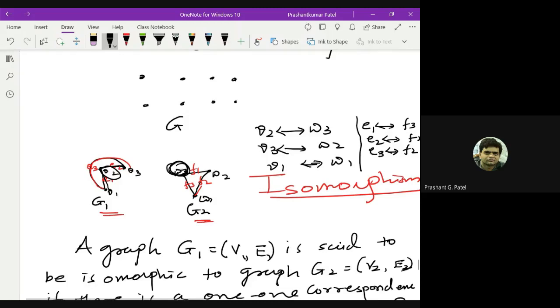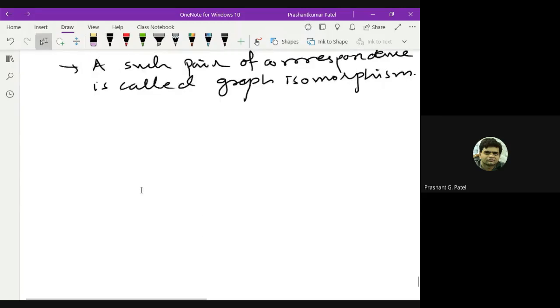Let me give you one more example regarding isomorphism. So let's plot in this manner. There are 6 vertices U1, U2, U3, U4, U5 and U6.